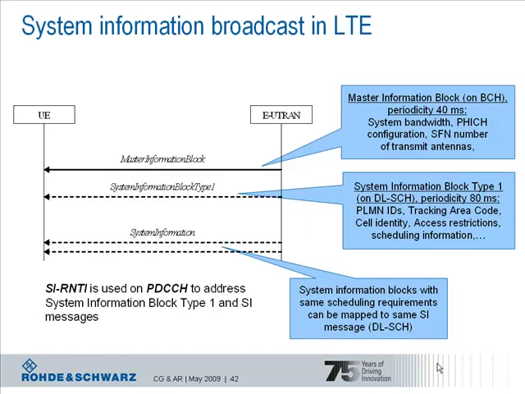At that stage we learned that the logical broadcast channel can be mapped either to the broadcast channel or the downlink shared channel as transport channel. The BCH is then mapped to the physical broadcast channel, whereas the downlink shared channel is mapped to the physical downlink shared channel. So all system information other than the master information block is mapped to the downlink shared channel, which is a fundamental difference to 3G mobile communication systems.